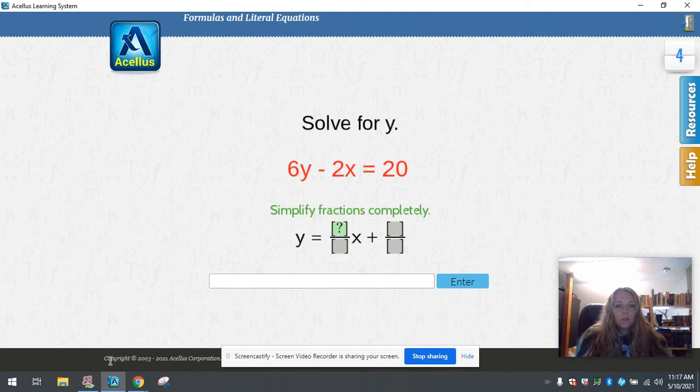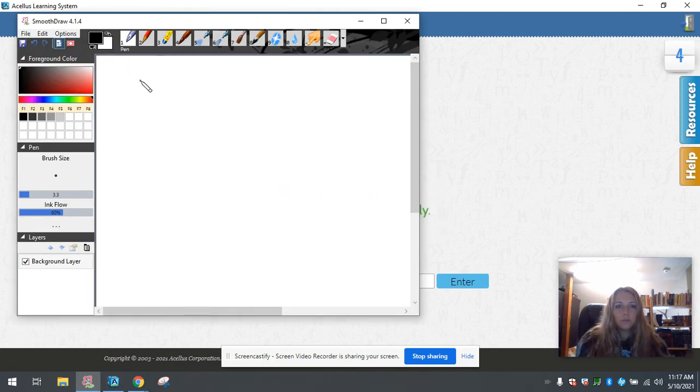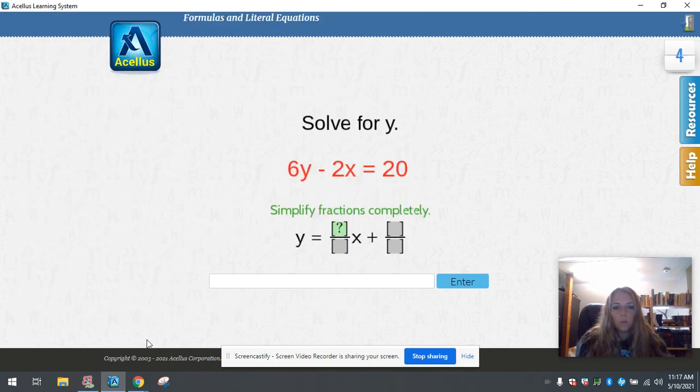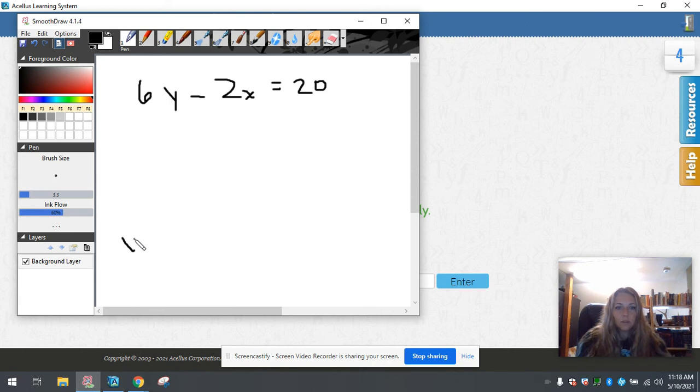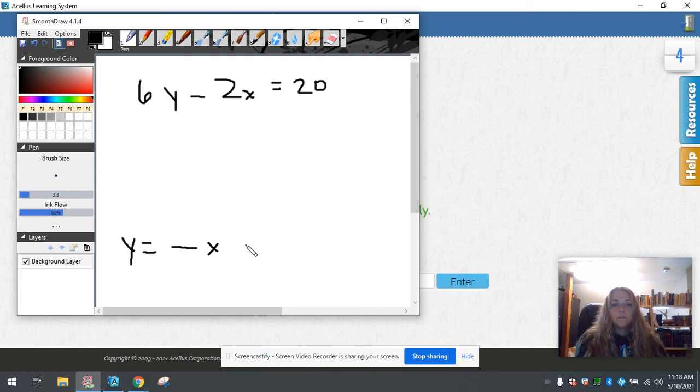6y minus 2x equals 20. What do we want to figure out? y equals some fraction times x plus another fraction.